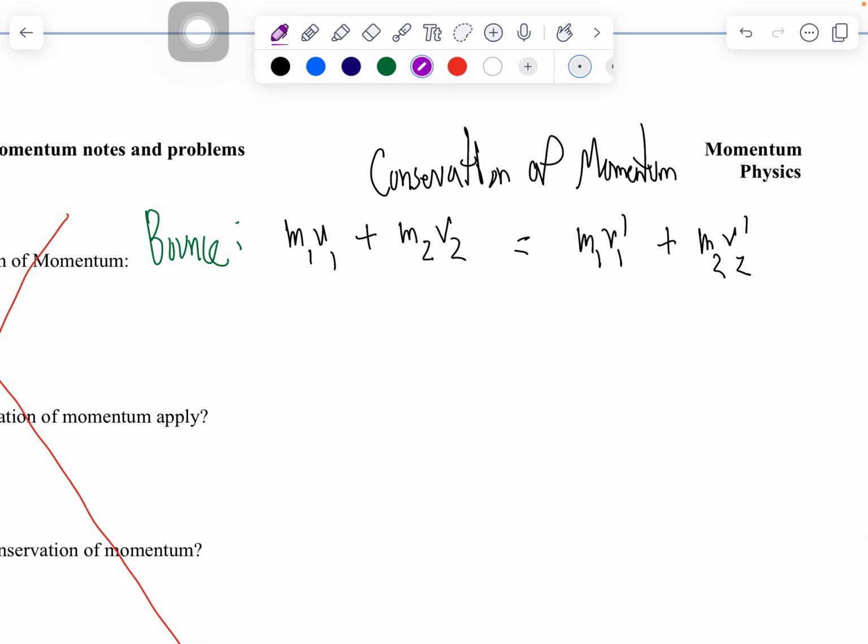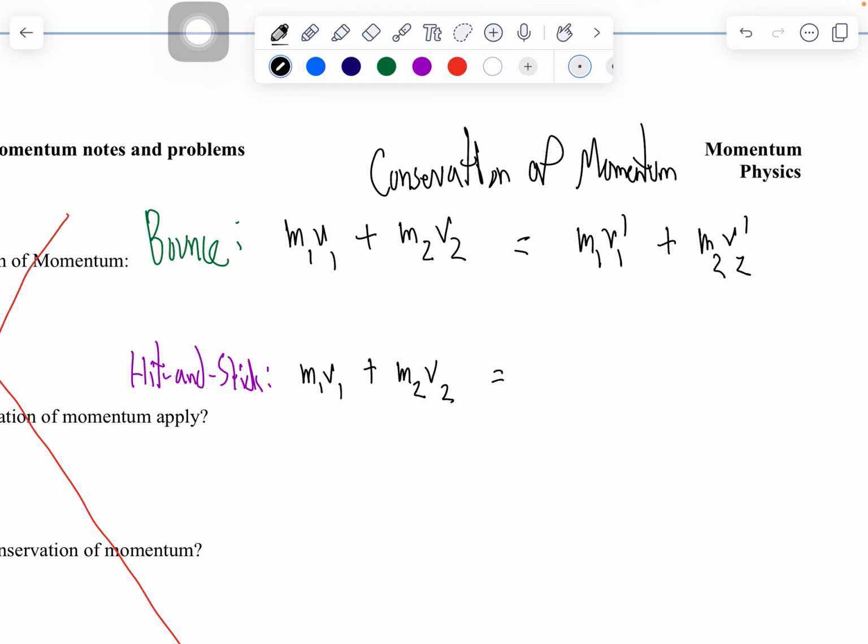Last time, we talked about a perfectly inelastic collision. That is when they hit and stick. When they hit and stick, we know that before the collision, nothing is really changing. It's still just the momentum of one object plus the momentum of the second object.